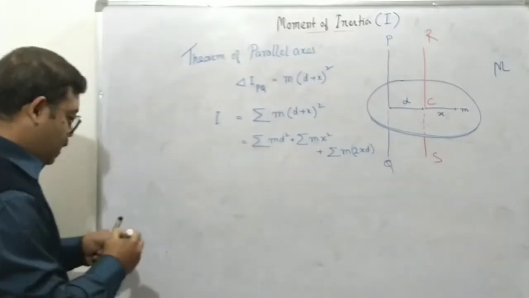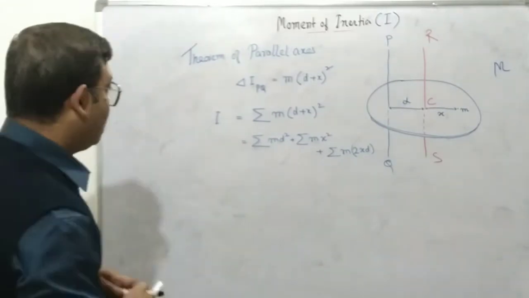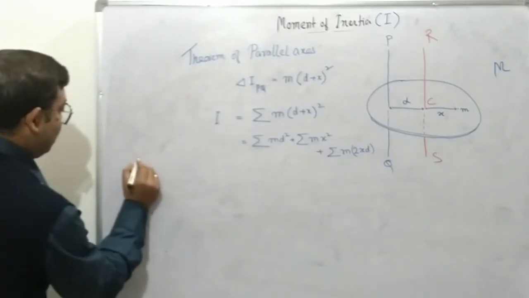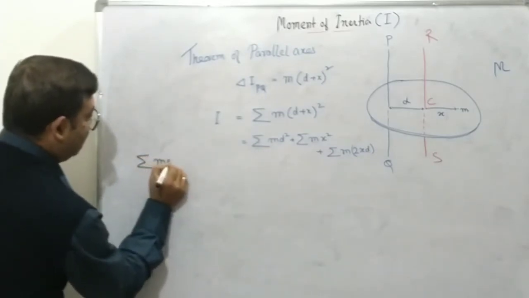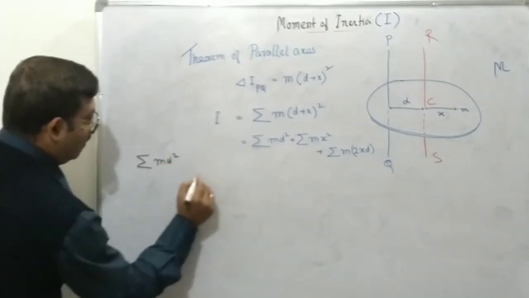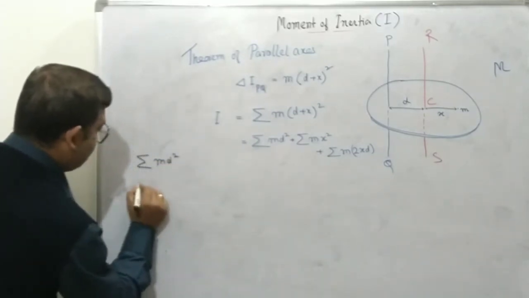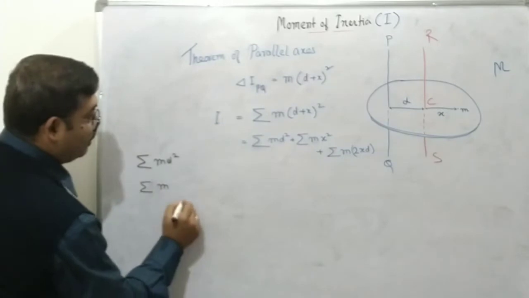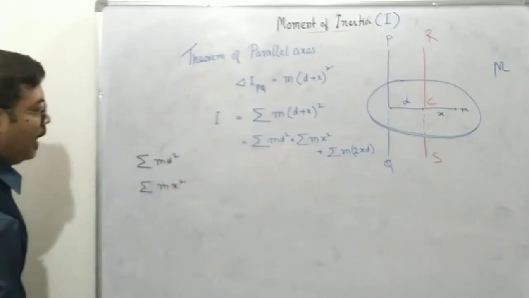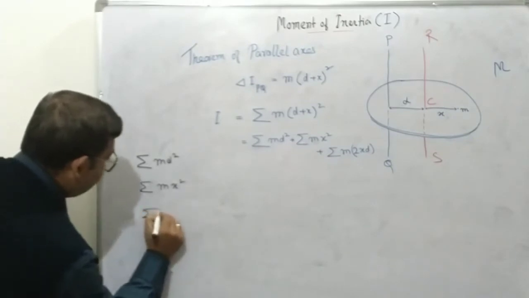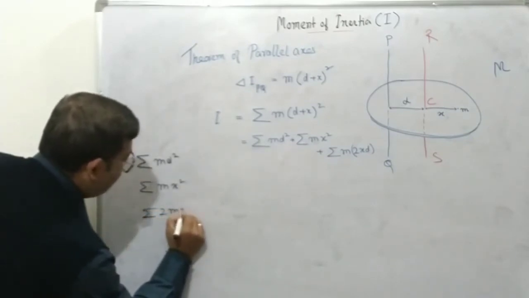So let us now consider the three terms separately. First term is summation m d square, then we have summation m x square, and then we have summation of 2m xd.